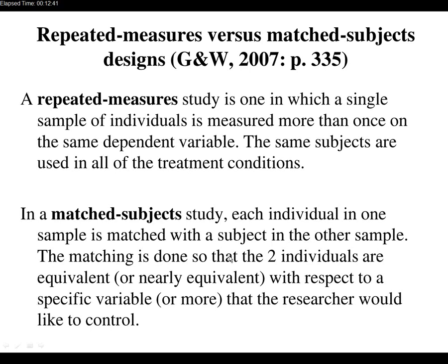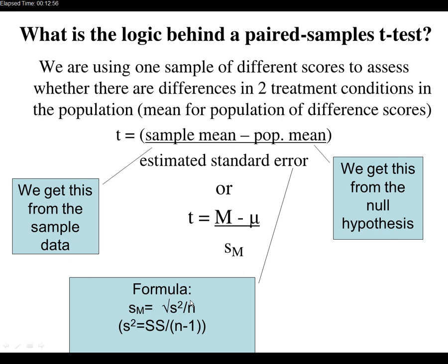The matching is done so that the two individuals are equivalent or nearly equivalent. They've got to be as close as possible with respect to a specific variable, for instance, we talked about the IQ, or more that the researcher would like to control. Okay, and this is the logic behind a paired sample t-test.